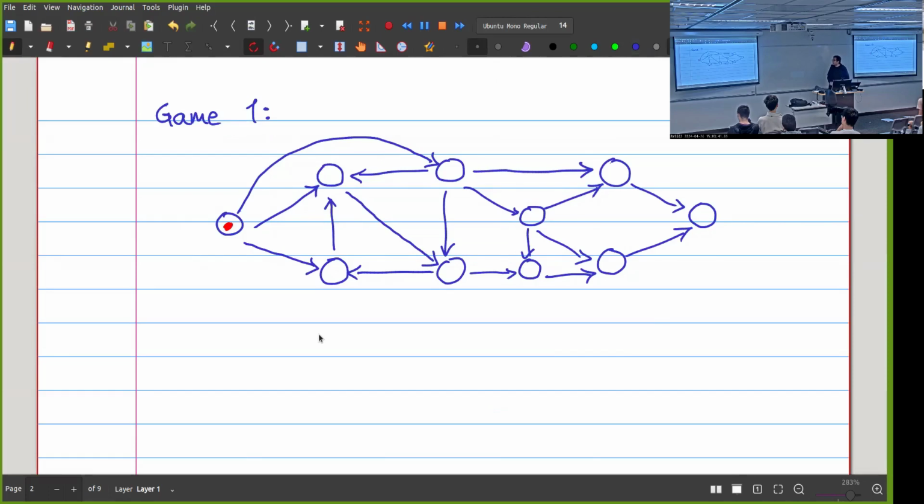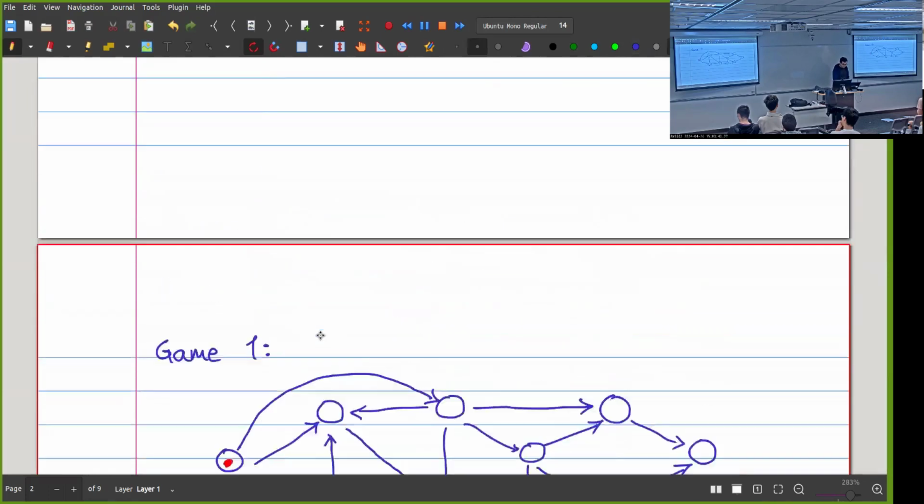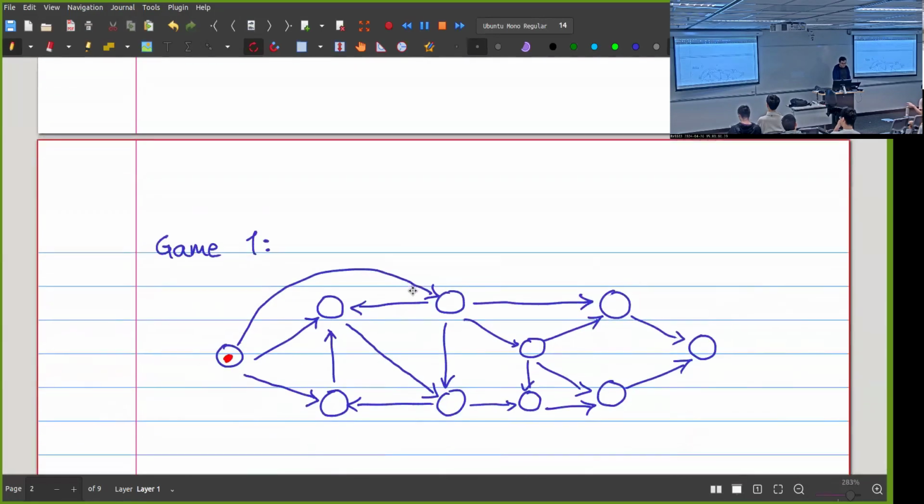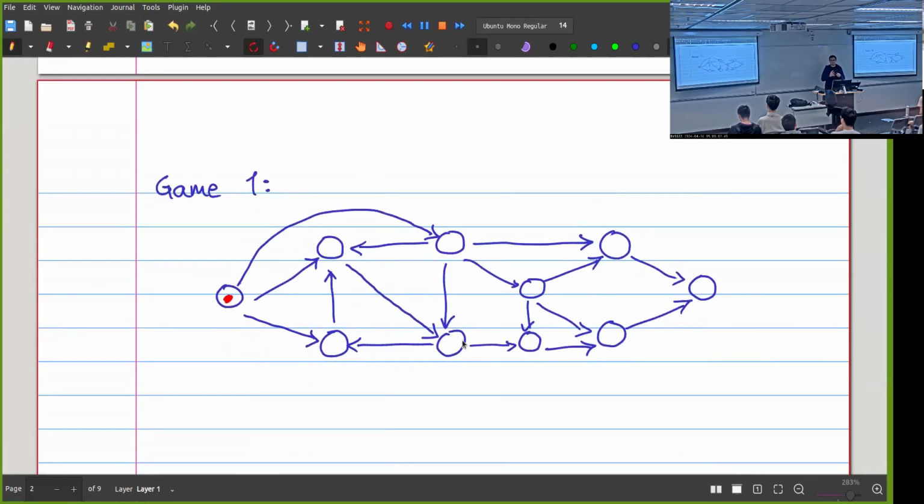Now, does this game satisfy the requirements that we wrote here? Well, it's a 2-player and turn-based game. That's by definition. Is it impartial? Yes, because I'm not saying that some vertices belong to player 1 and some vertices belong to player 2. I'm just saying you get to move whenever it's your turn, and you have the same moves no matter if you're player 1 or player 2.